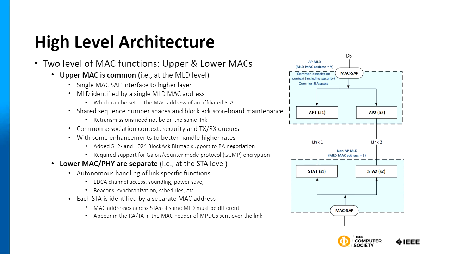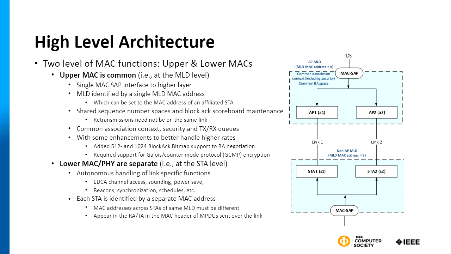So we added 512 and 1K block bitmaps to increase the number of MPDUs that can be aggregated within the same PPDU, so that you do not have a limitation on the PPDU lengths that you can transmit over the air due to the aggregation limits we had earlier. And we also required mandatory support for GCMP encryption, as opposed to CCMP, which was traditionally the case prior to 11BE.